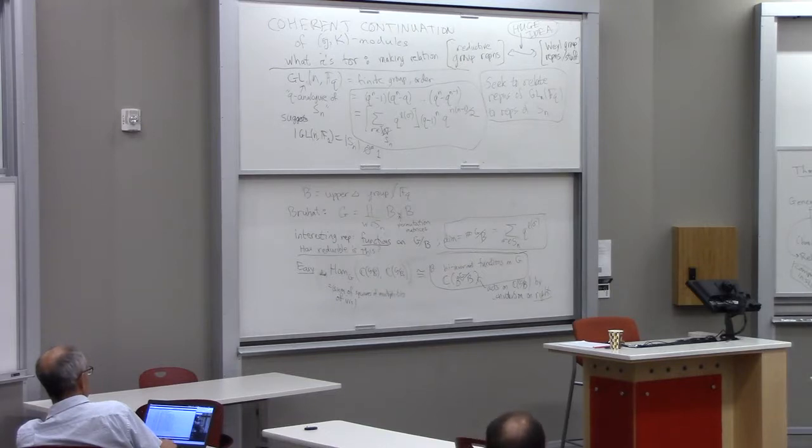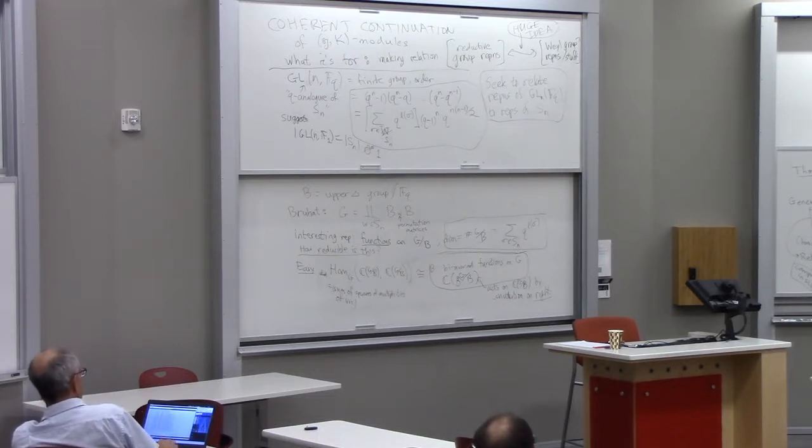So these relations are a Q deformation of Coxeter's defining relations for W, which are STS equals TST like that, and S squared equals 1.